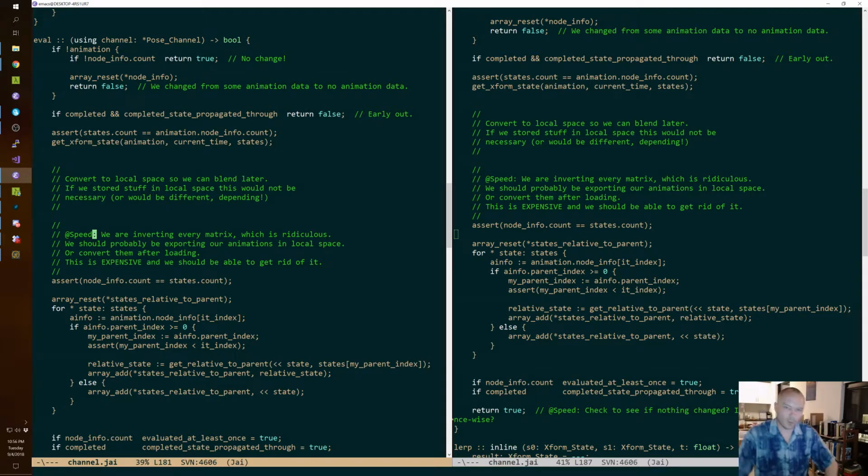And I think we're going to fix it in the morning. But let me tell you what it is. When you store the transforms for a hierarchical structure like this, there's different things you could store.